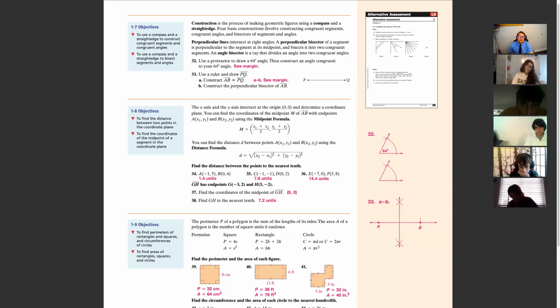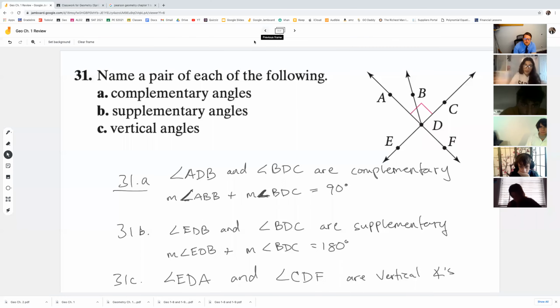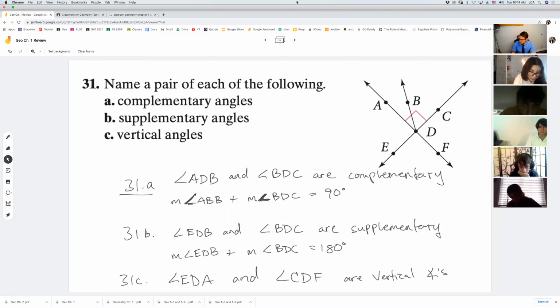Perpendicular lines intersect at right angles. Very, very important to understand. If we go back to that drawing, AF and EC are perpendicular, so you could say AF is perpendicular to CE.